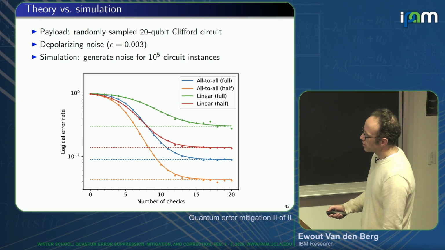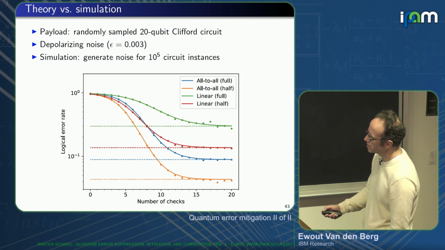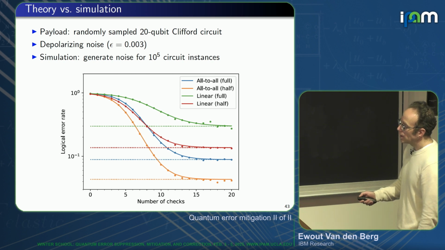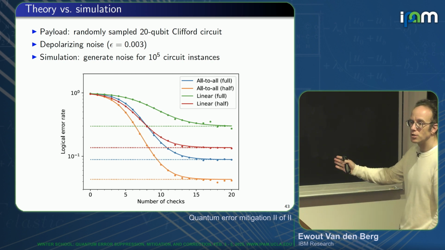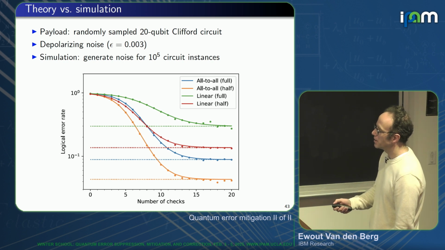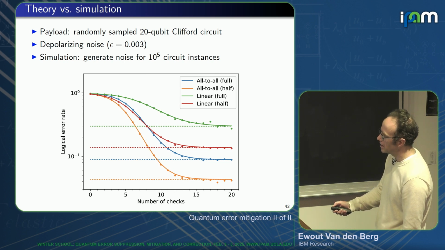The dots here are all of the simulated values. So you get a logical error rate and a number of checks, and the dots show the behavior. The solid lines are just the evolution of your initial state by this transition matrix. So that matches the data very nicely. And the asymptotics is the dashed line.